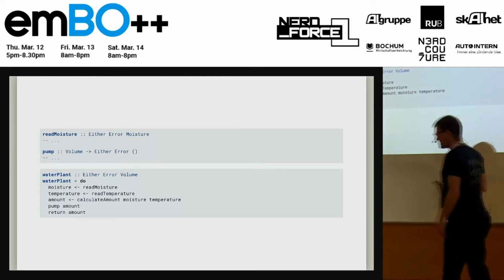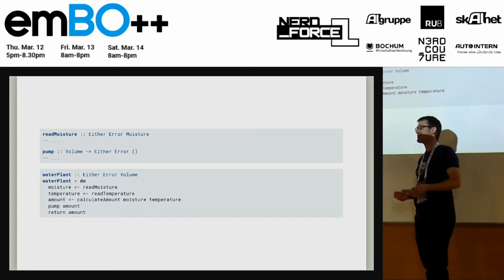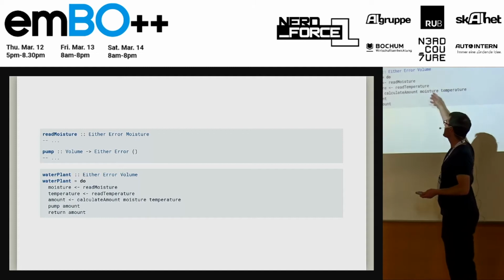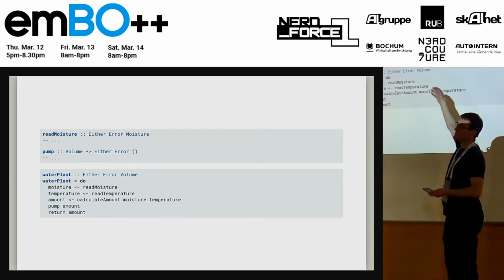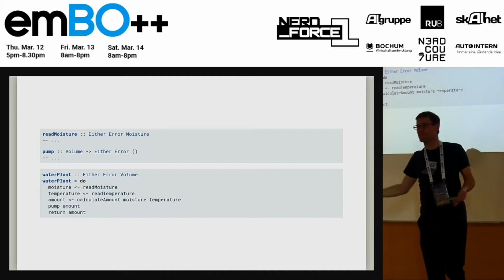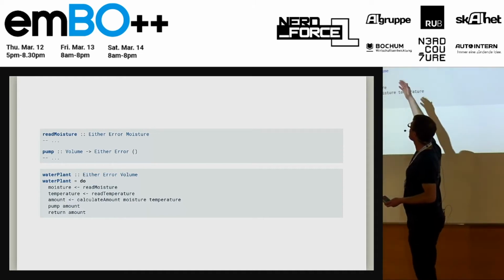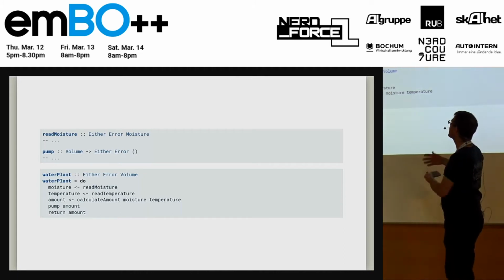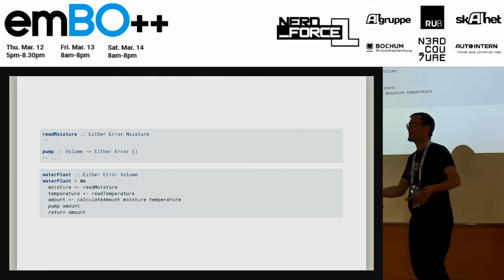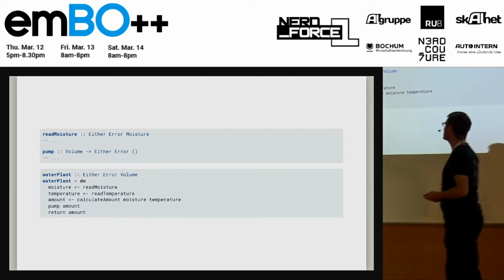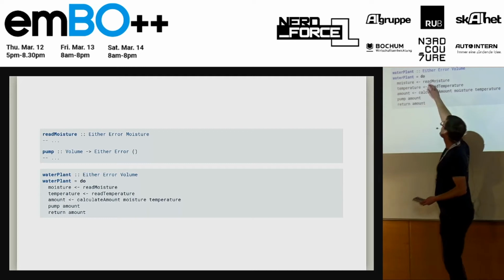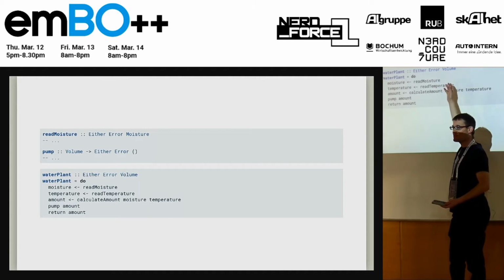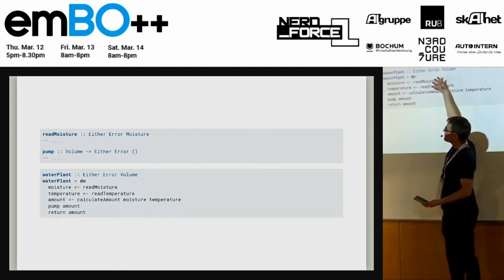If I now rewrite my example with Either instead of Maybe, of course the read moisture, read temperature and pump functions have changed signatures, because they don't return a Maybe anymore, they return an Either. So read moisture returns either an error or a moisture value. And the signature of the implementation also changed: instead of a Maybe volume, it returns an Either error or volume.